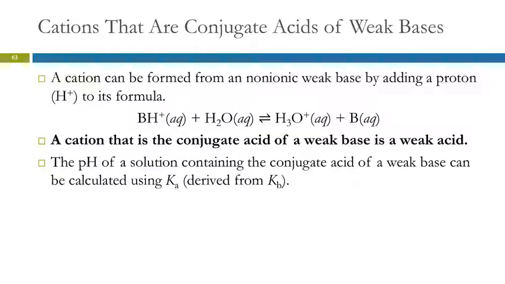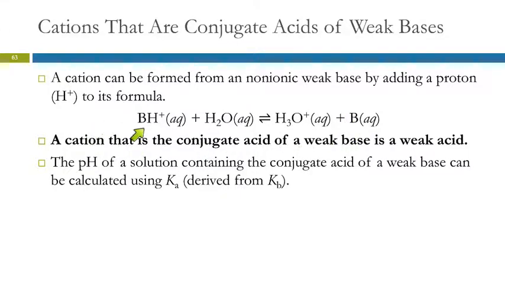We can get cations from non-ionic weak bases, such as ammonia. So if we have a weak base and we add a proton to its formula, we get a cation.